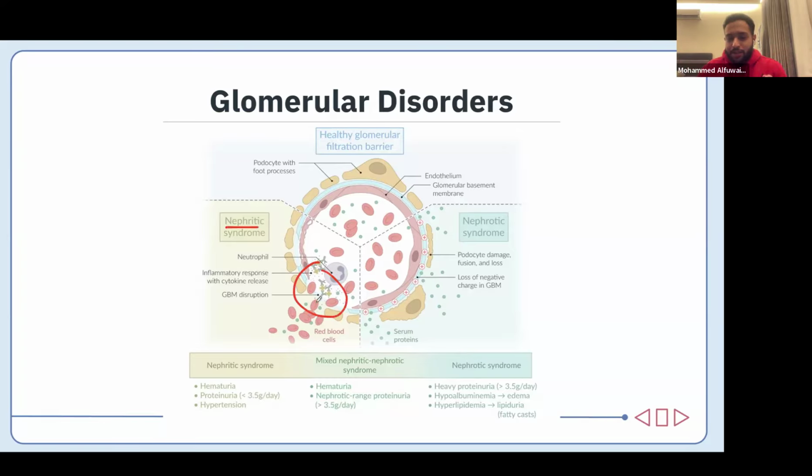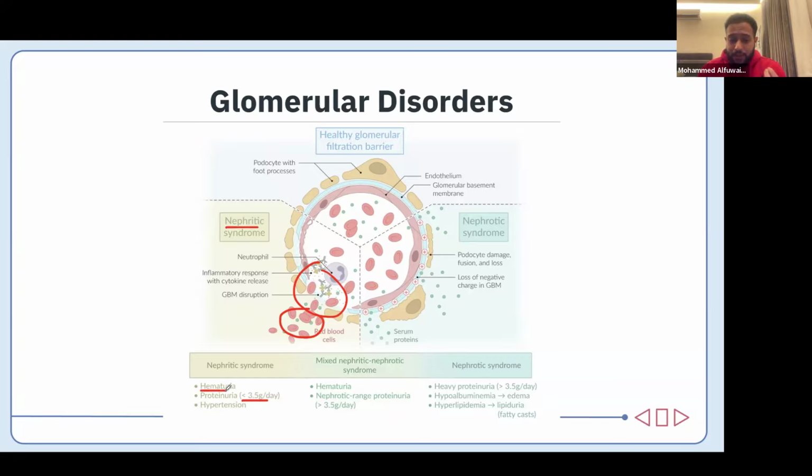What will go into the urine because of inflammation? WBCs, yes, but very importantly RBCs. So these patients will have hematuria. The proteins, not a lot will go into the urine in this case, so it won't have proteinuria that's above 3.5. The hallmark is hematuria.